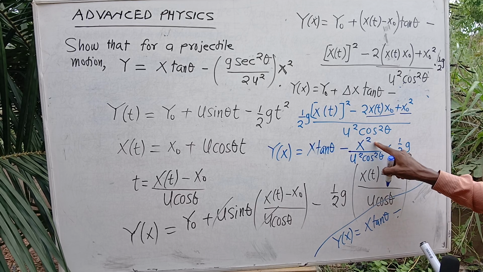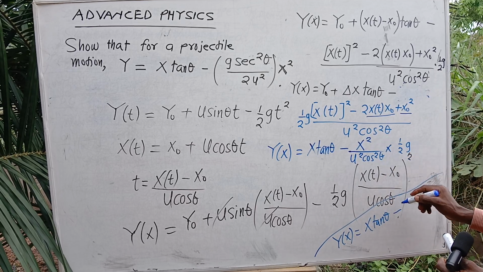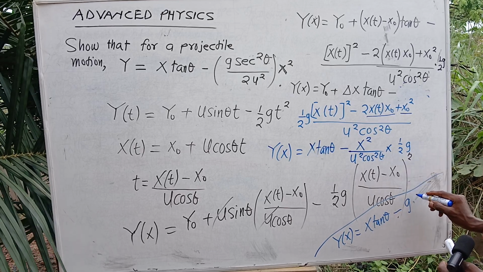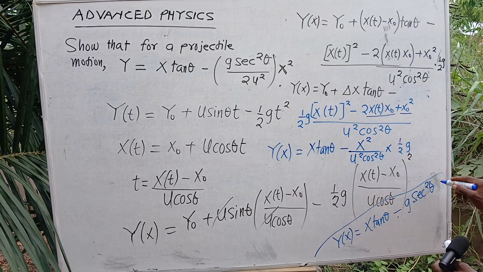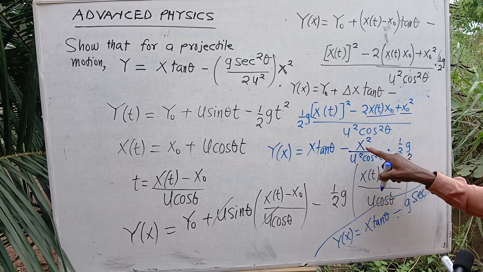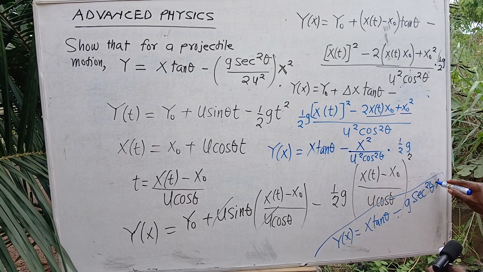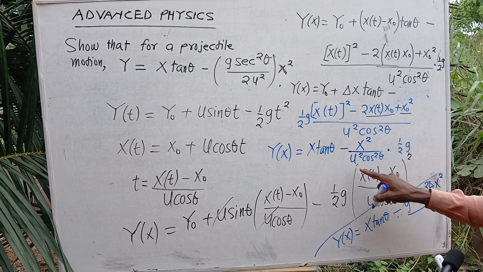So this quantity 1 over cos squared theta is secant squared theta. So we have g, which is a numerator, times secant squared theta times the x squared here. This is a times. Let me change that to a dot to separate that from this one. So times x squared, then divided by this 2u squared.